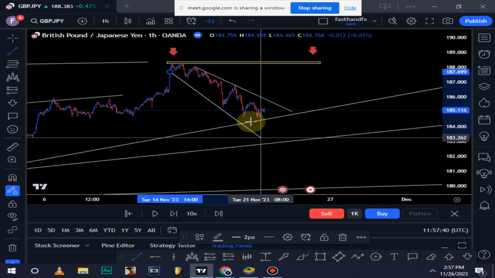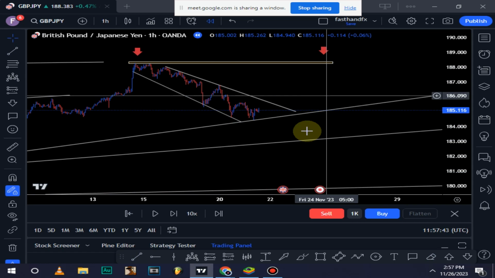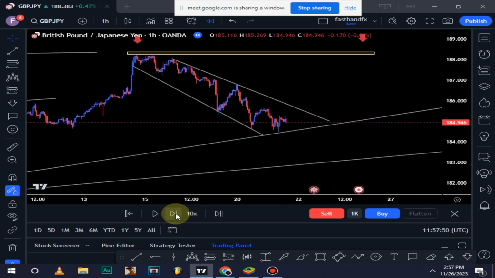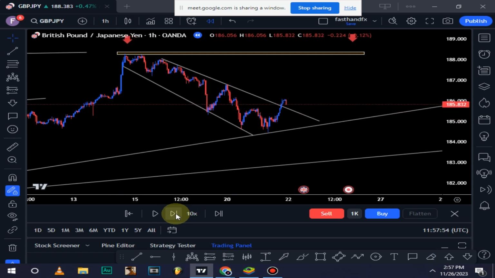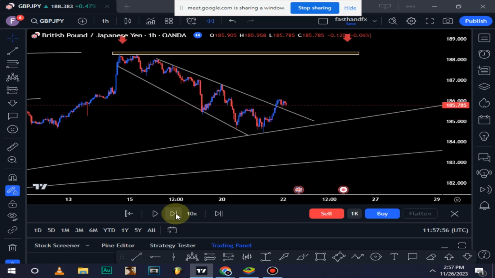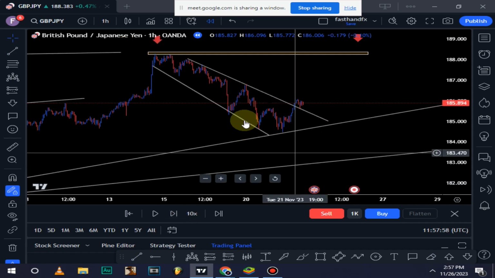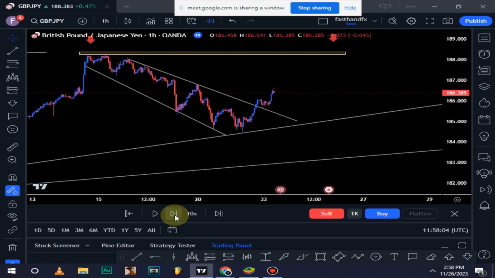So if we had this, let me see what kind of reversal the market had. So let's see if it came down, went up.